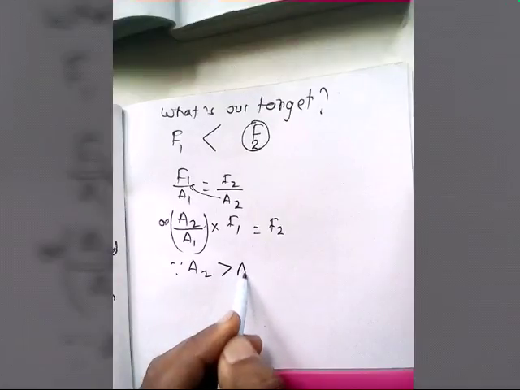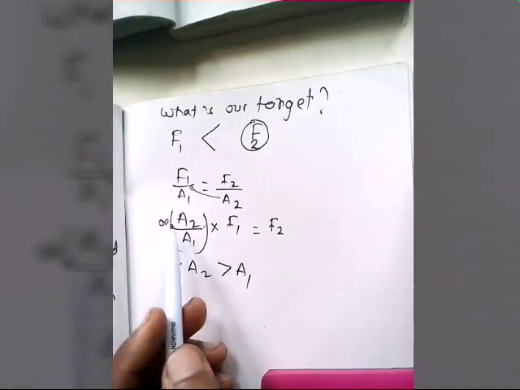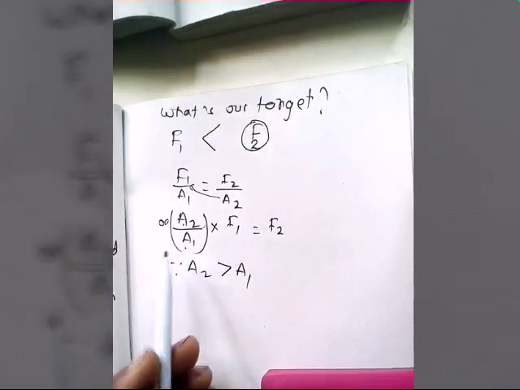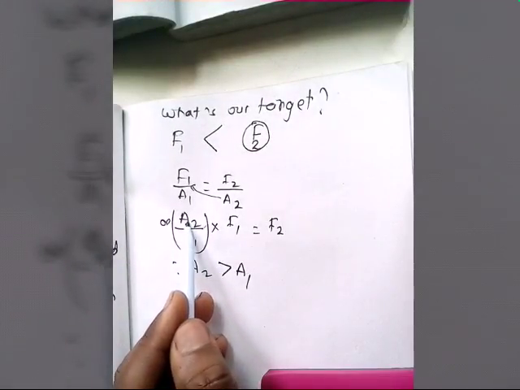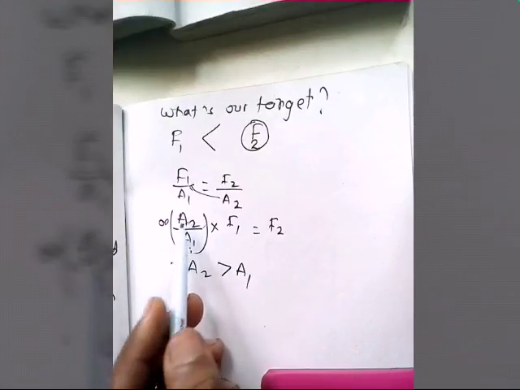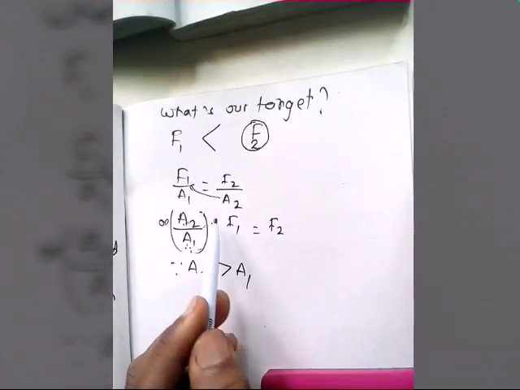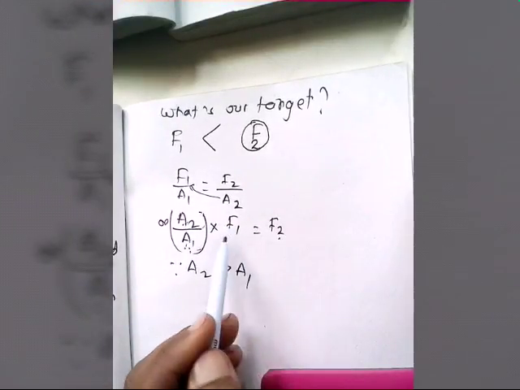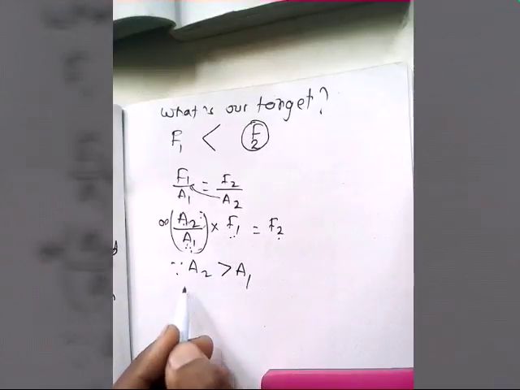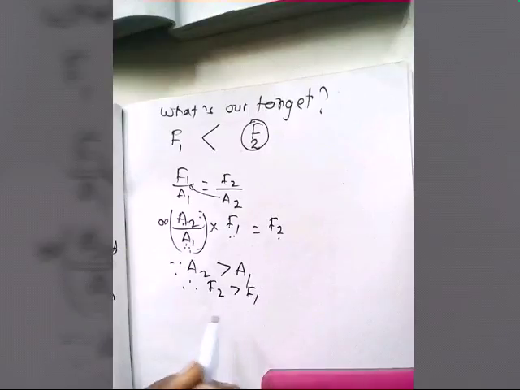Since A2 is greater than A1, because this is the area of the large piston and that is the area of the small piston, the ratio is greater than 1. For example, if the area is double, say 10 and 5, the ratio becomes 2, so we multiply 2 into F1, and F2 will be 2 times greater than F1. Therefore we can write that F2 is greater than F1. Hence we have proved that this device is a force multiplier.